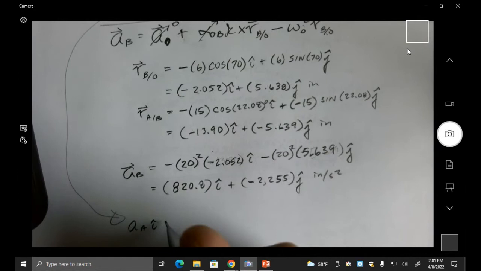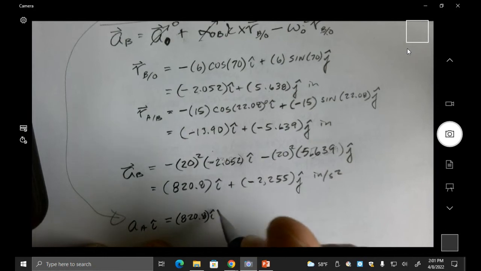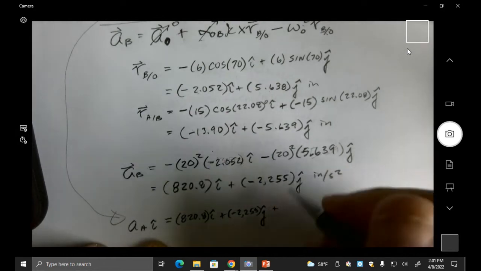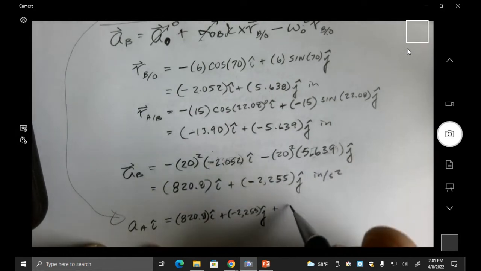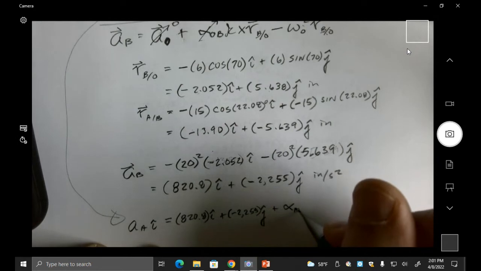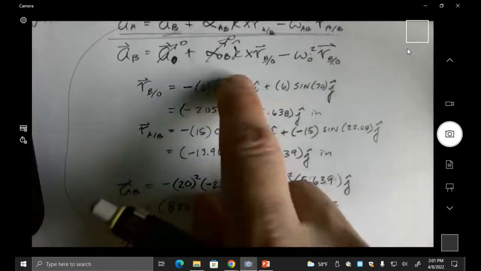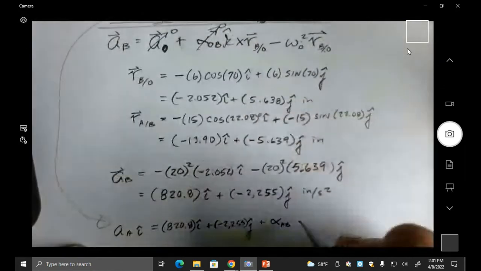It's going to be the acceleration of B, which was our 820.8 I, plus our negative 2255 J, plus the acceleration of A with respect to B, crossed with R, A with respect to B.